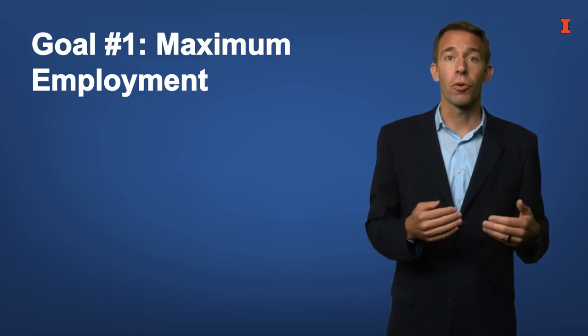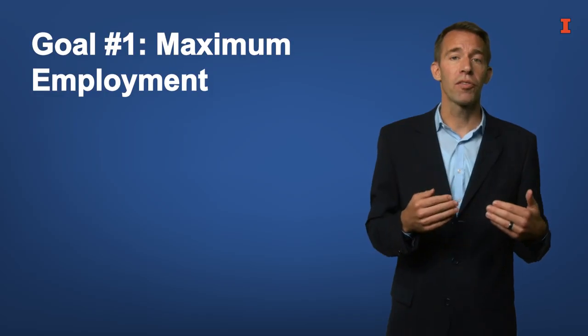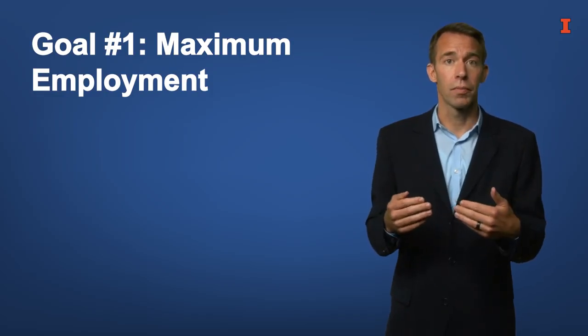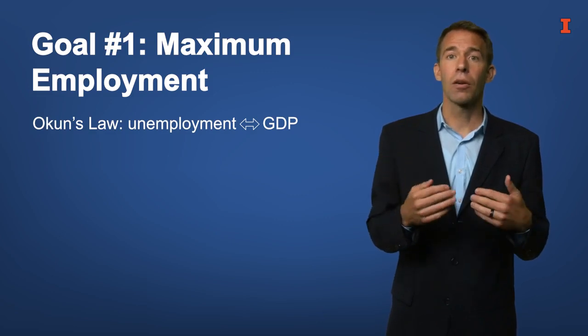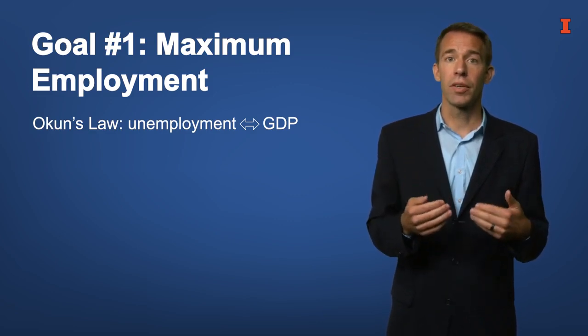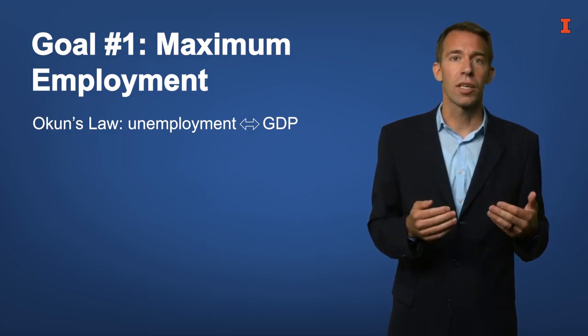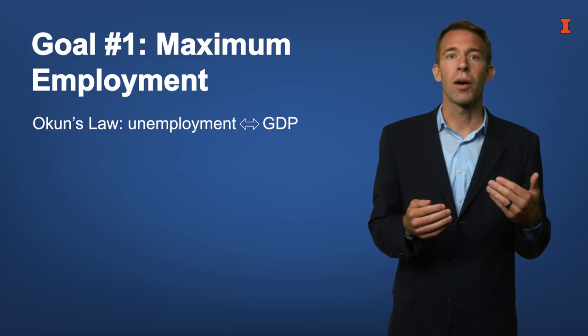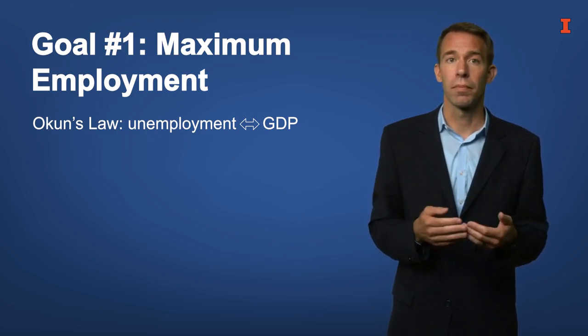Let's first focus on maximum employment and describe how this target can be achieved. Unemployment and GDP are closely connected. This relationship is called Okun's law. As a result, we often talk about economic growth and unemployment interchangeably.